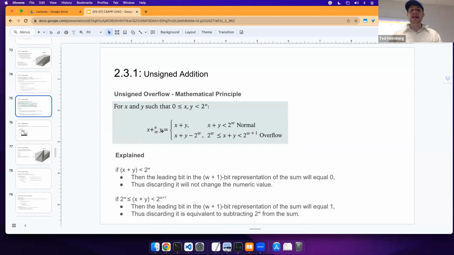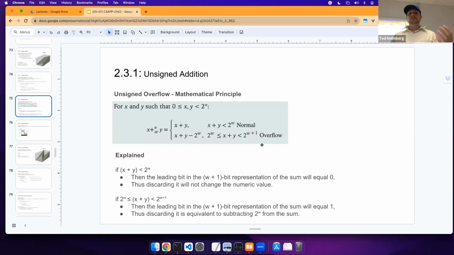Then we produce our unsigned addition operation, so we add those two bit vectors together. And then we can check the result of that value. If the result is less than the max value we can encode, then it works like normal. We did not fall outside the range.